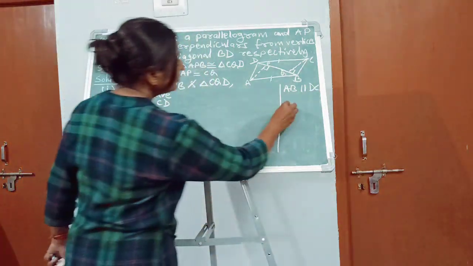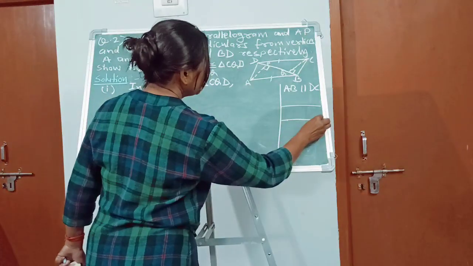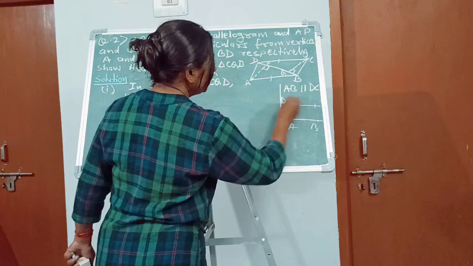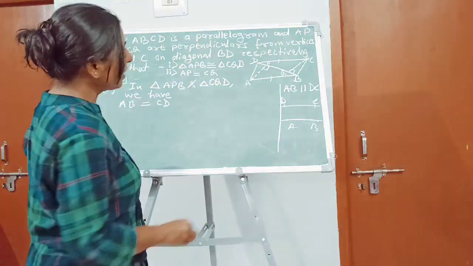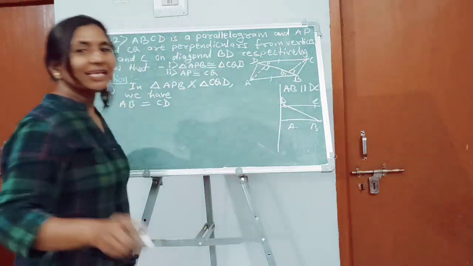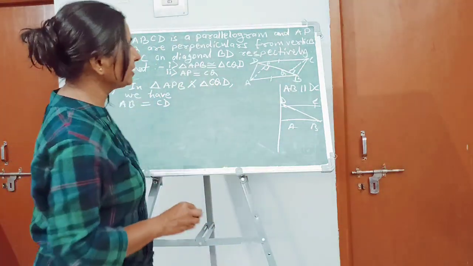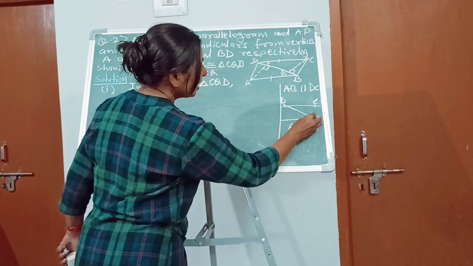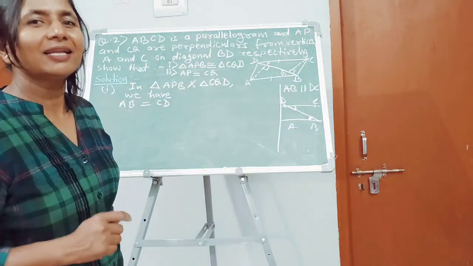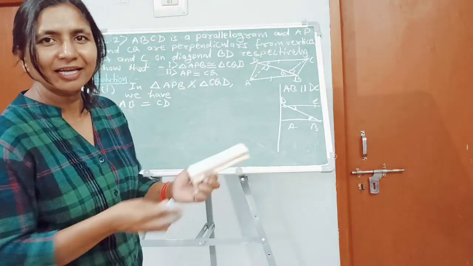Now these two lines, this is AB and this is DC, are parallel and this diagonal BD is acting as a transversal. Then what would happen? This angle and this angle will be alternate interior angles, and alternate interior angles are equal.